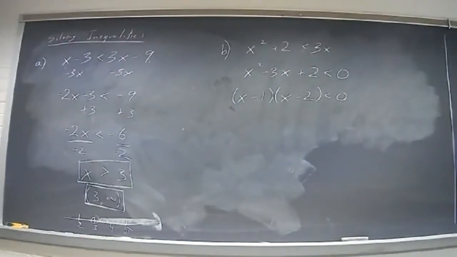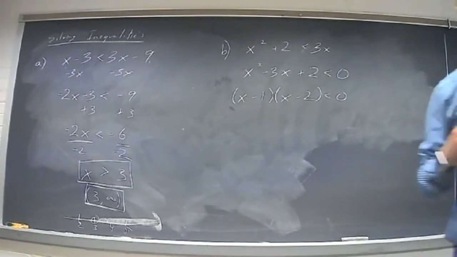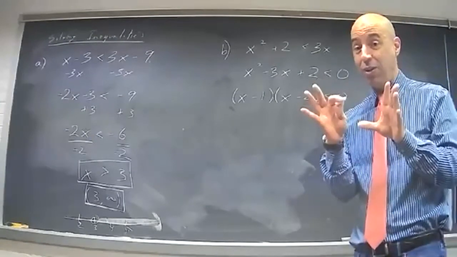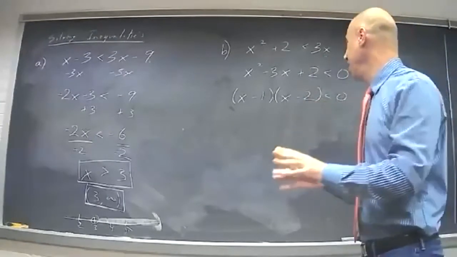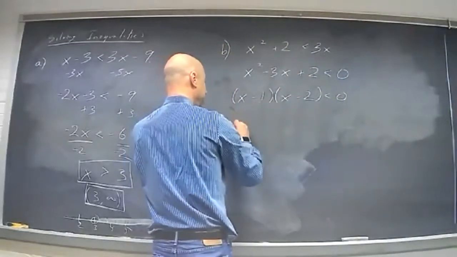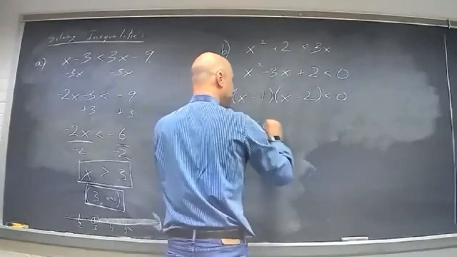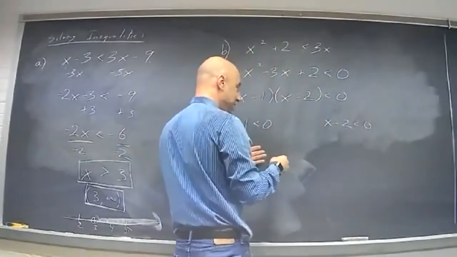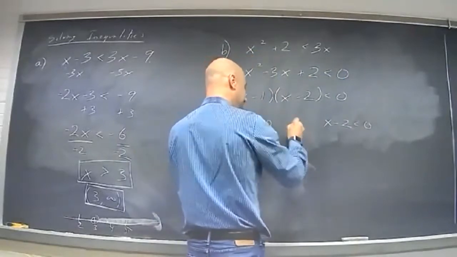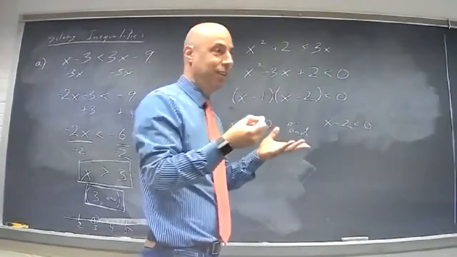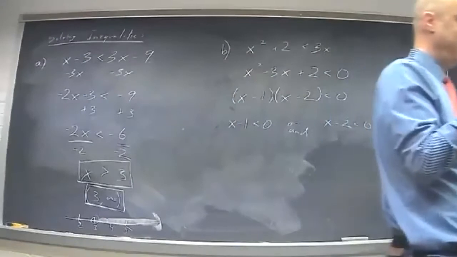I'm hoping everybody got this far without any trouble. If people got into trouble, it was probably in the next step. And I'm not claiming that you did this, but it's possible that you wrote something like x minus 1 less than 0, x minus 2 less than 0, and then tried to put some sort of conjunction here, and, or, comma, anything.